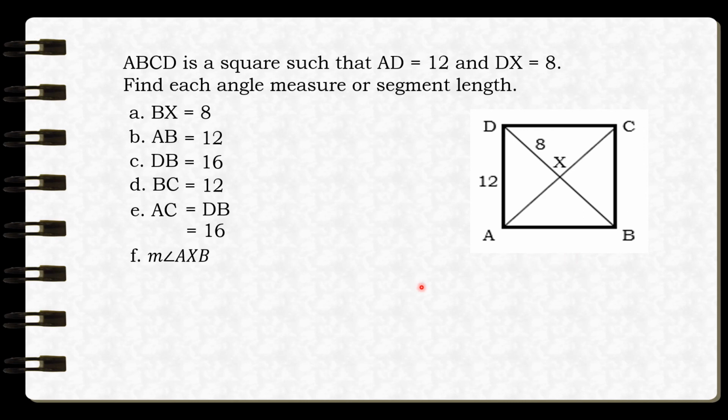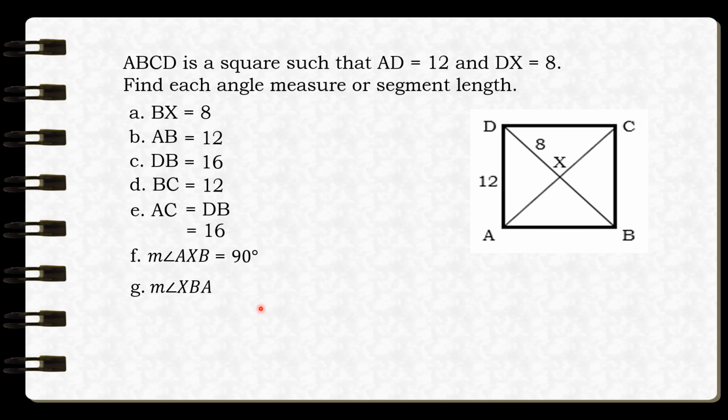Now, what is the measurement of angle AXB? This is angle AXB. Since the diagonals of a square are perpendicular with each other, if they intersect here, they form a 90-degree angle. So the measurement of angle AXB is equal to 90 degrees.